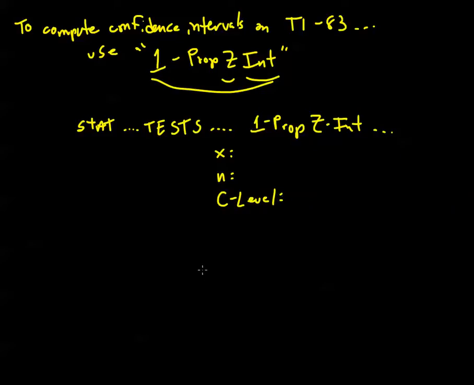You need an x value, a raw score in your sample with a characteristic of interest. n is, of course, your sample size. Confidence level will be a number typically near 1, either 0.9, 0.95, or 0.99. Once you've entered those values, select Calculate and hit Enter to display the calculator's results for the confidence interval.